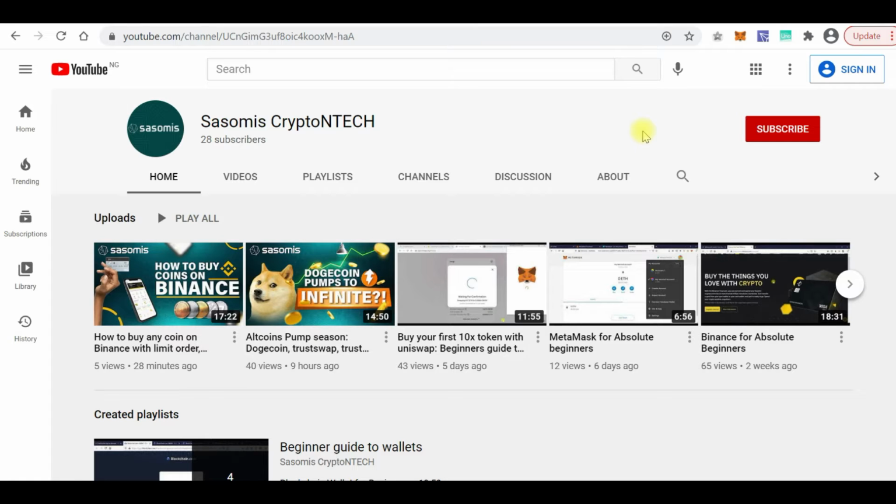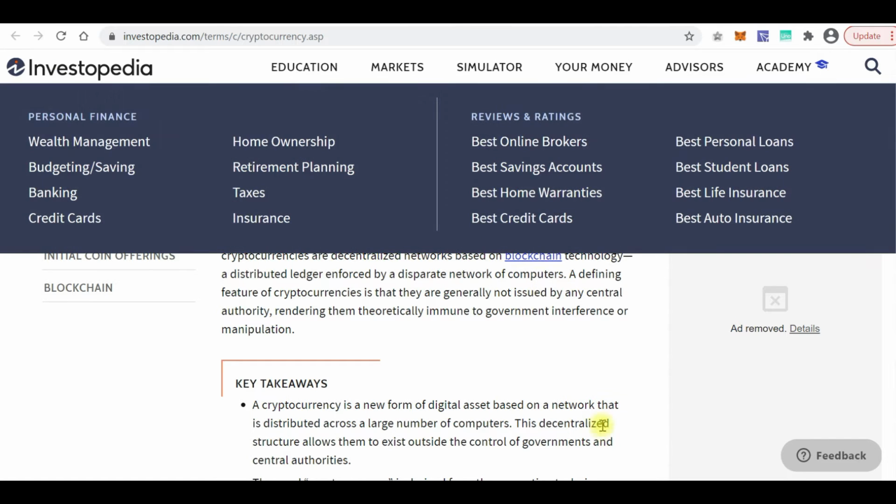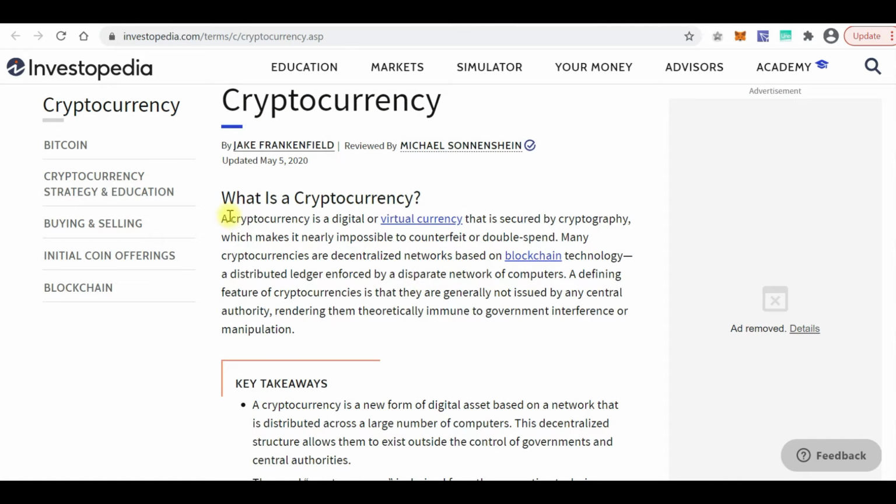Okay, so today we will be looking at what are cryptocurrencies, right? So here, if we read this article, we'll see that a cryptocurrency is a digital or virtual currency that is secured by cryptography, which makes it nearly impossible to counterfeit or double spend.